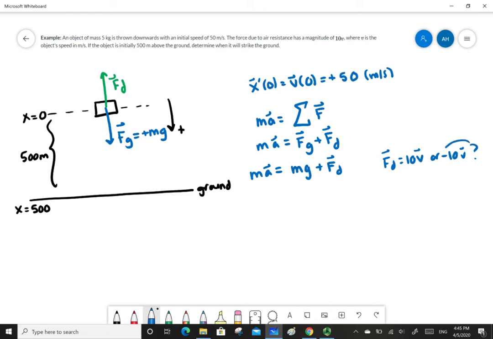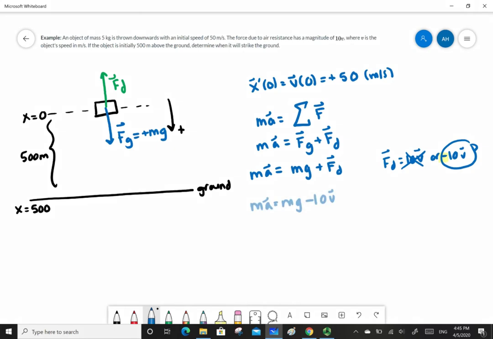We have to choose F sub d equals negative 10v to guarantee that the force due to air resistance acts opposite the direction of motion, which is given by the sign of v. Whatever the sign of the velocity is, the negative in negative 10v guarantees that the sign of Fd will be the opposite.